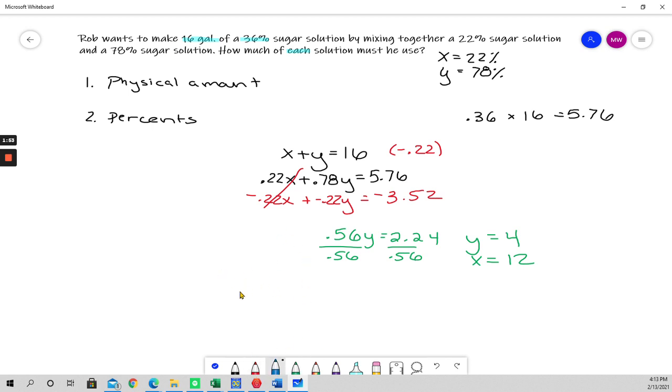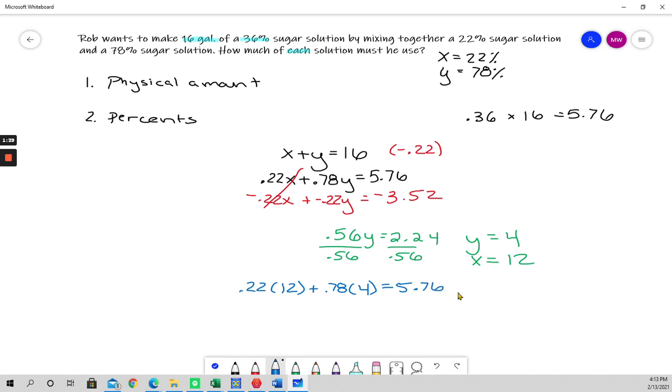So is 22% of 12, 0.22 times 12, plus 78% of 4, so 0.78 times 4, equal to 5.76?